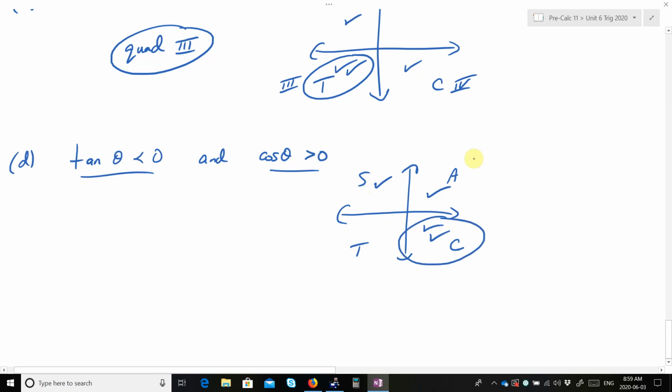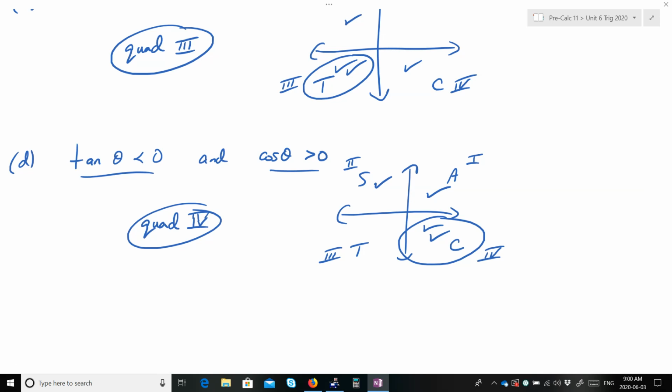And so that's where we get the overlap. Okay, so tan is negative and cos is positive in quad 4. Okay, so that's how you do number 4.